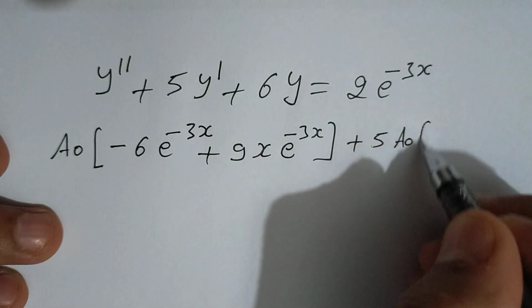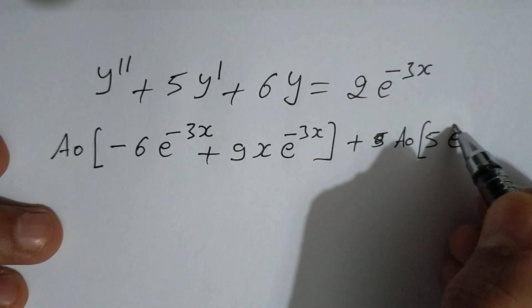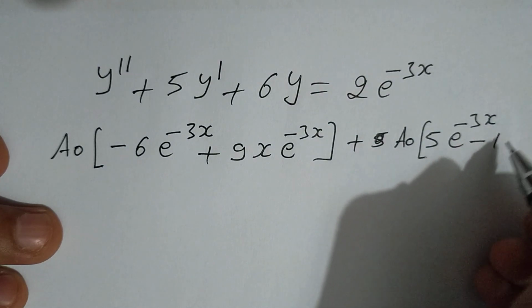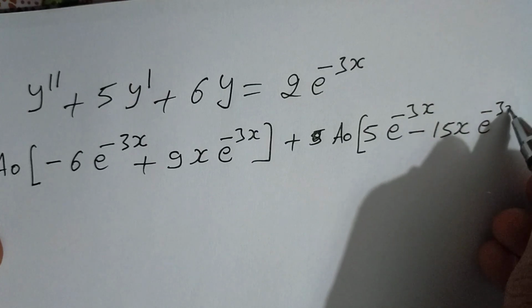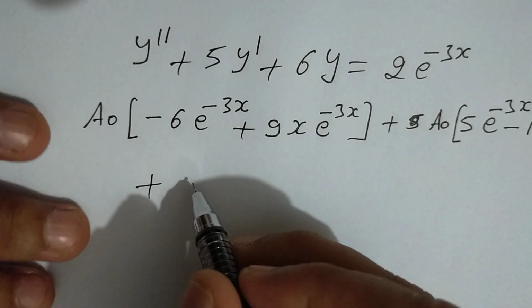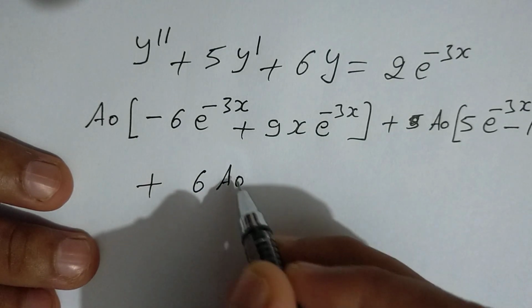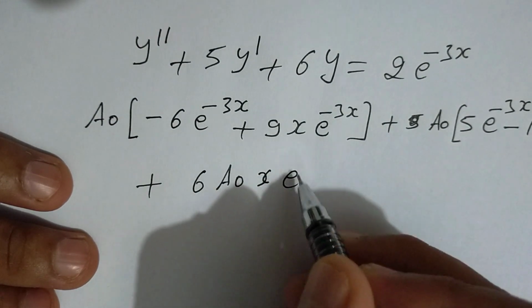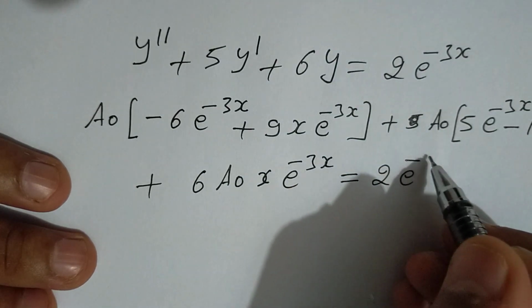So a0 will be common for all. So we can have 5 e power minus 3x minus 15x e power minus 3x, plus 6y. So we can have 6 a0 and y will be x e power minus 3x, equal to 2 e power minus 3x.